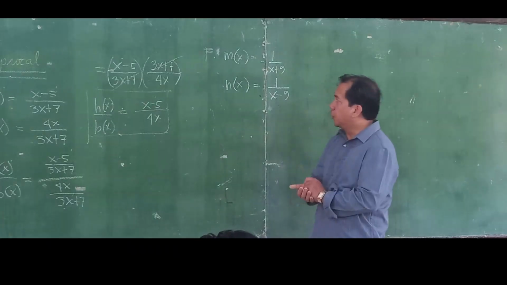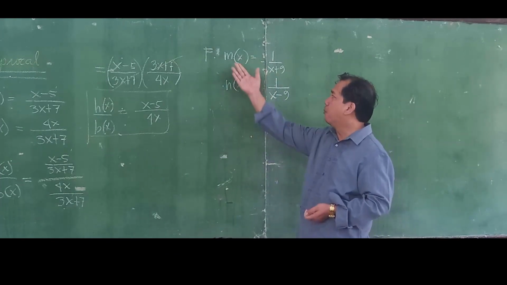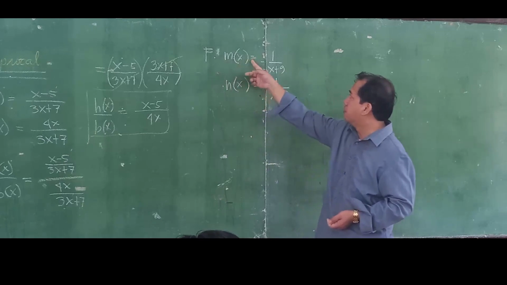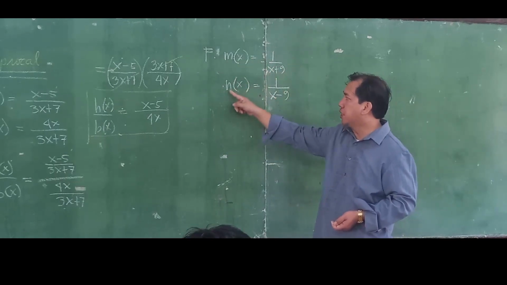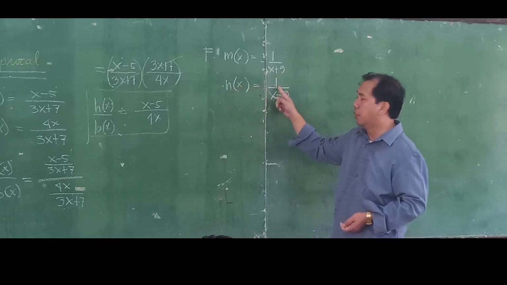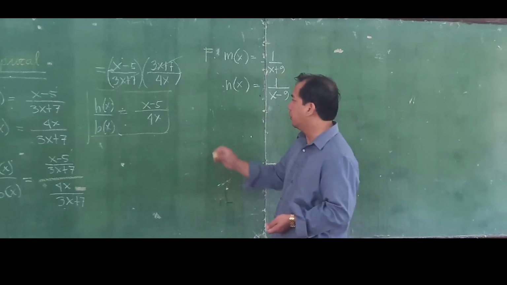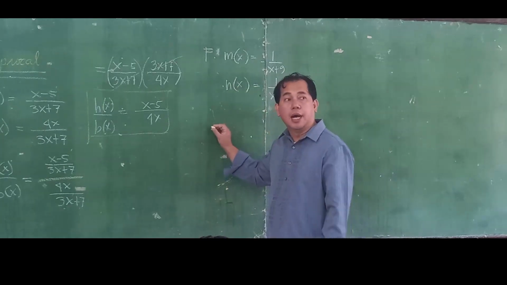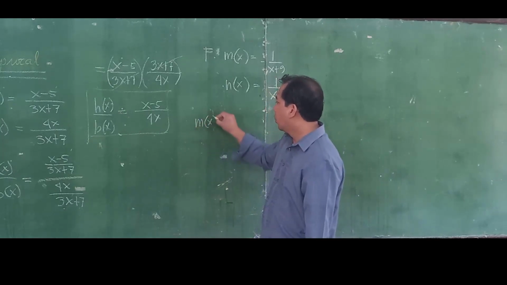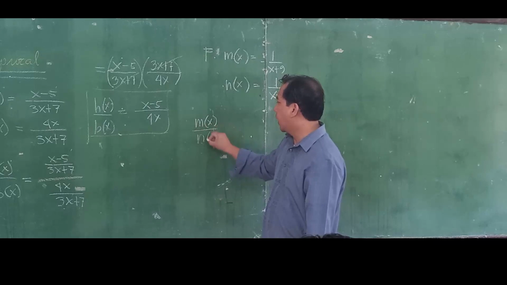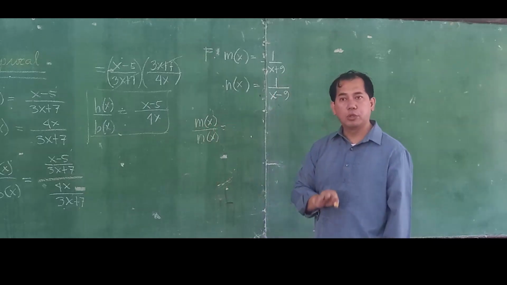Now notice that we have the next problem. m of x is defined by 1 over x plus 9, and n of x is defined by 1 over x minus 9. Now our focus is to get the quotient of m of x over n of x. Again, we do the same.